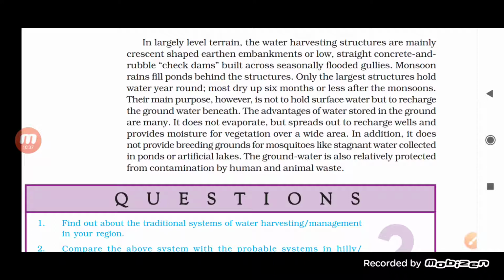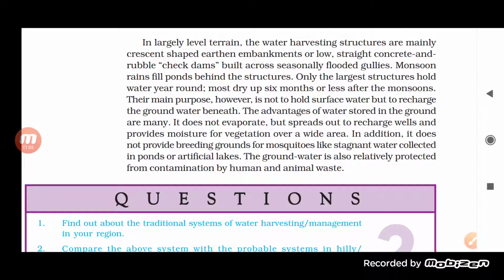See, what is the main purpose: not to hold the surface water but to recharge the groundwater? See, why are we collecting all these? Actually, the water harvesting is basically done in order to recharge the groundwater level. And what is the reason that we are not holding the surface water but we are recharging the groundwater beneath?